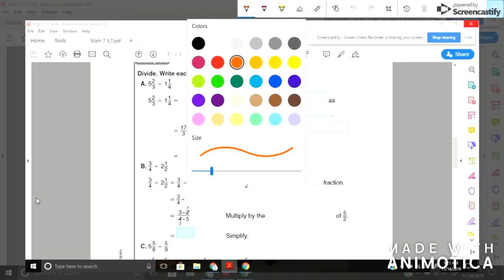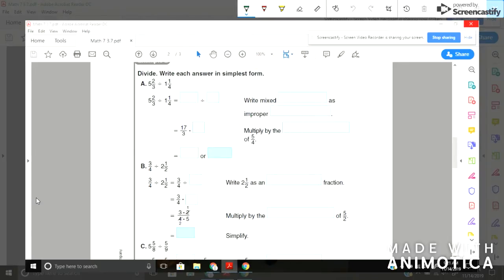To do that, we take our whole number times our denominator. So 5 times 3 would give us 15, plus 2 would be 17. So this is 17/3 divided by 1 times 4 is 4, plus 1 is 5, 5/4. So we are writing our mixed numbers as improper fractions.